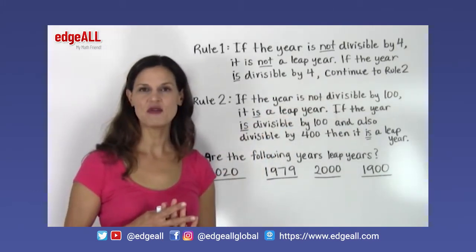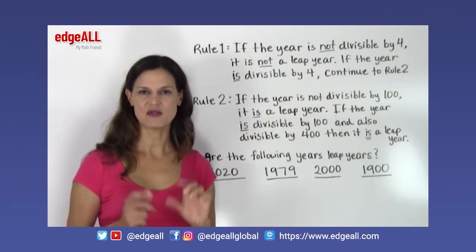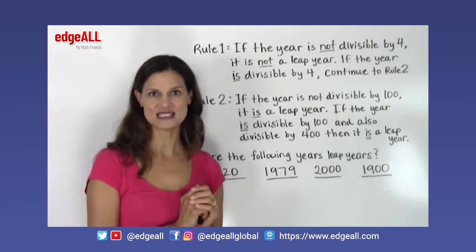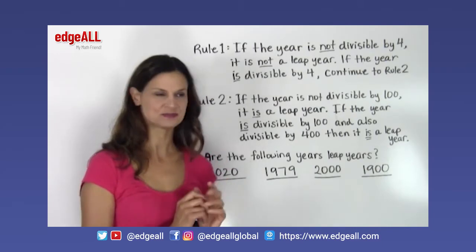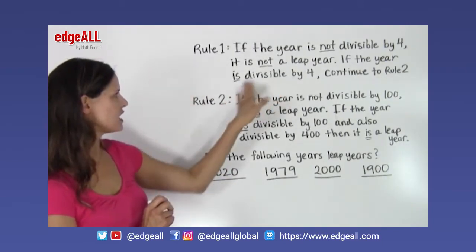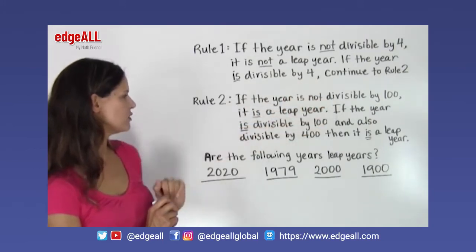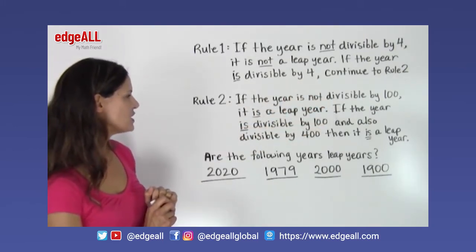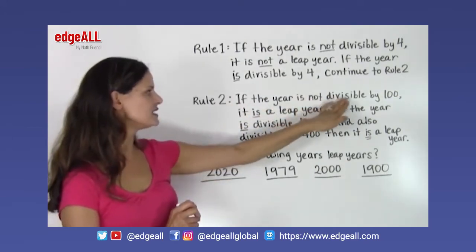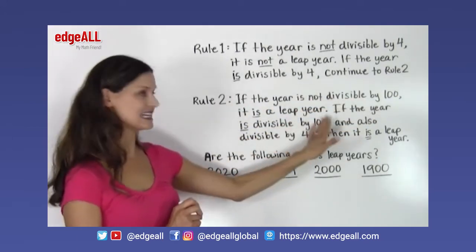So divisible by 4, remember, means that if we take the year and we divide it by 4, the answer needs to be a whole number. If the year is divisible by 4, we move on to rule number 2. So rule number 2 says, if the year is not divisible by 100, it is a leap year.